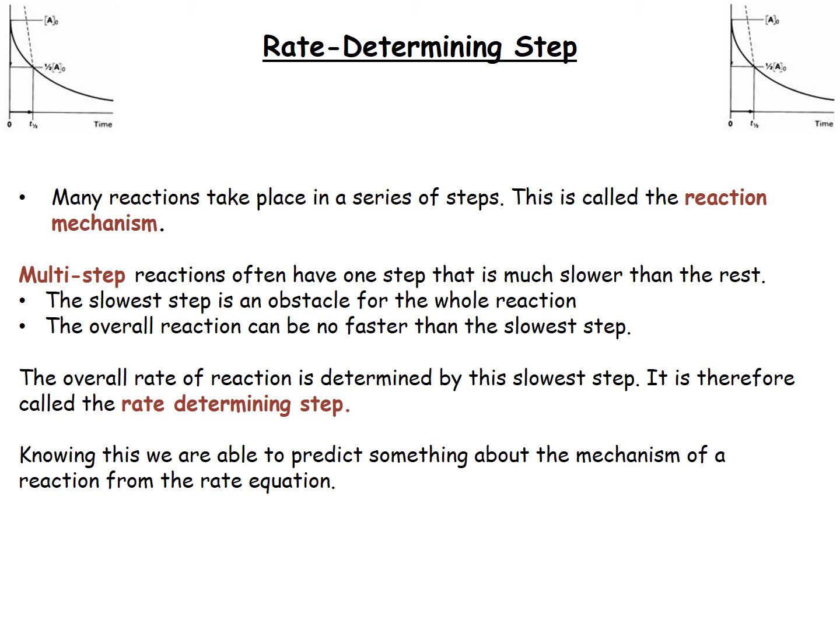So a really good example for this is, I always think about if you've got 3 elves working in Santa's workshop. Let's say you've got one making the gifts, one wrapping the gifts, and one labelling the gifts. If the guy making the gifts is the quickest, let's say he can make 100 gifts in a day. Let's say that the second elf can wrap 50 gifts in a day.